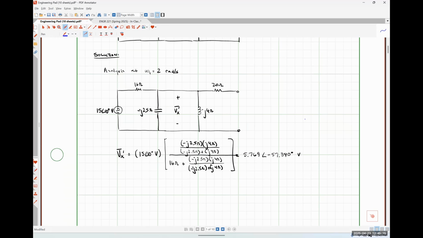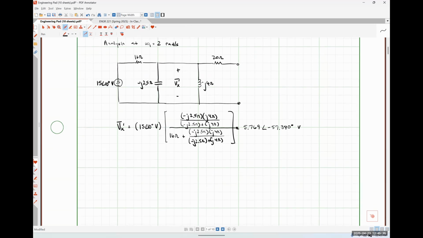So this is the voltage that I got for Vx prime using voltage division. I'm going to assume I typed everything into my calculator correctly, and we'll move on to the next thing. Okay. So now we need to analyze our circuit at our second angular frequency.